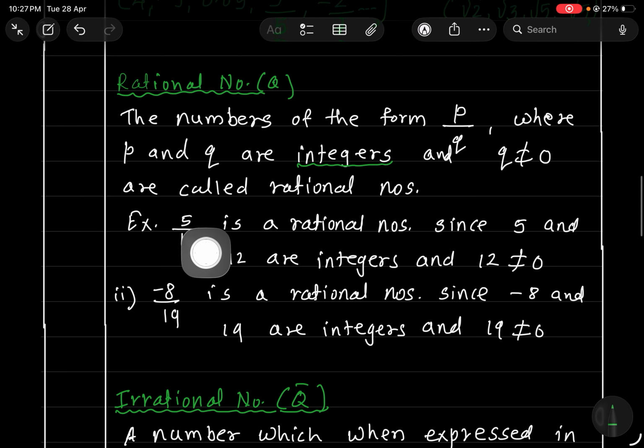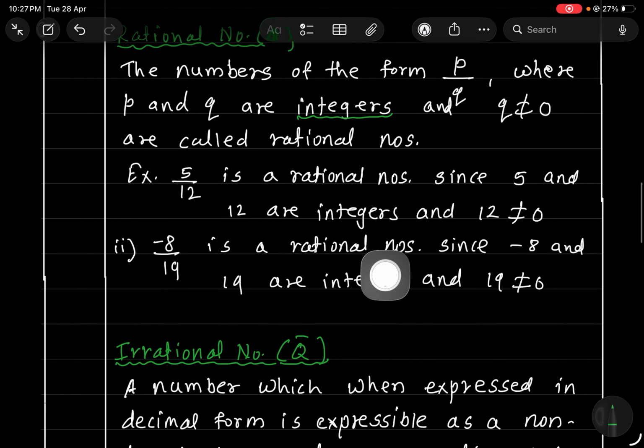Now see the example: 5 upon 12 is a rational number. 5 and 12 are integers, both positive, and 12 is not equal to 0, so according to the definition this example is satisfied.